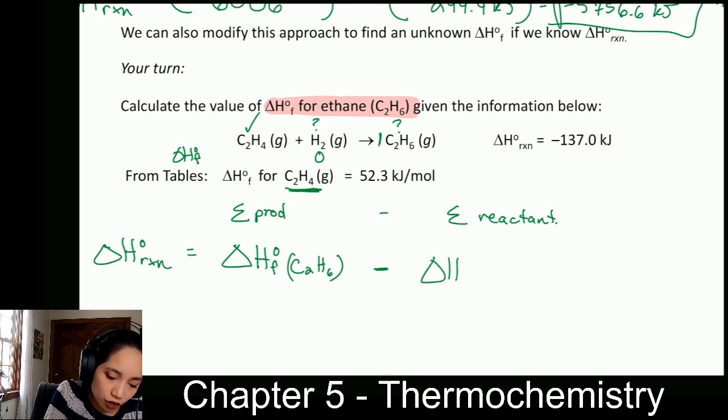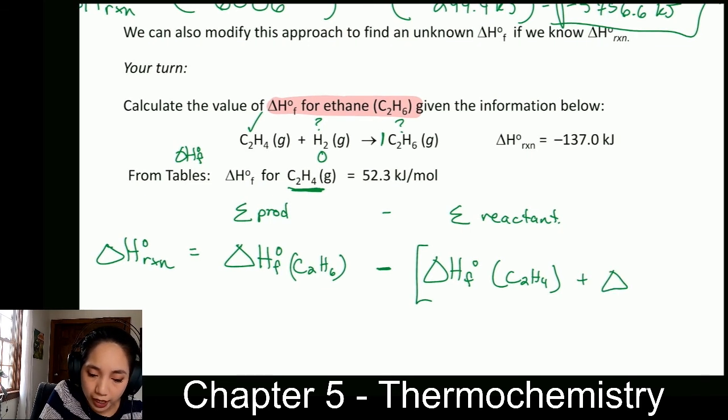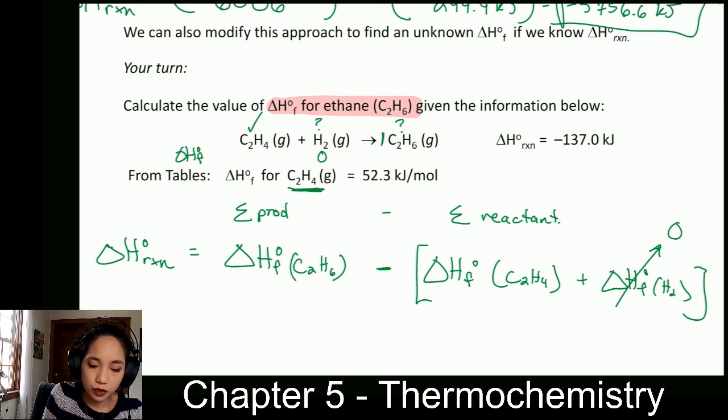So delta H of formation of C2H4. And since it's the sum, we can also include the delta H of formation of hydrogen, but we know that that is 0. So that's nice.